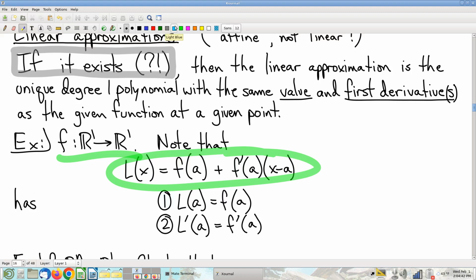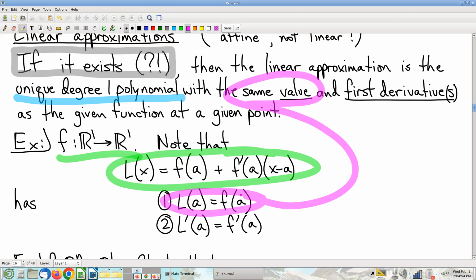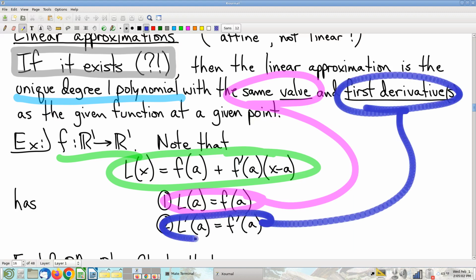I claim that this function right here, this polynomial, is the unique degree 1 polynomial that has the same value as f at the point A, and it also has the same first derivative as f at the point A. There is only one polynomial that can possibly have this feature, the degree 1 polynomial that has these two characteristics: same value as f, same derivative as f.